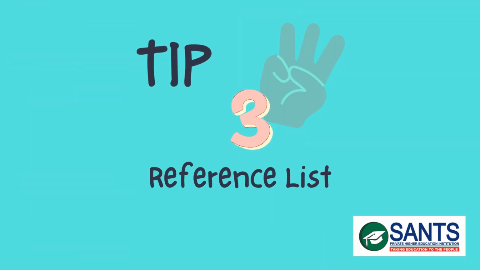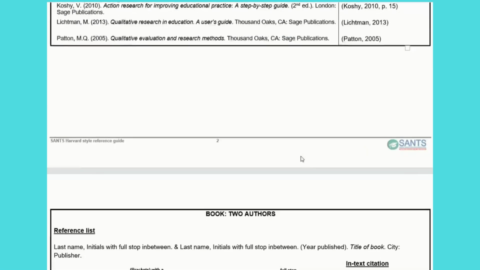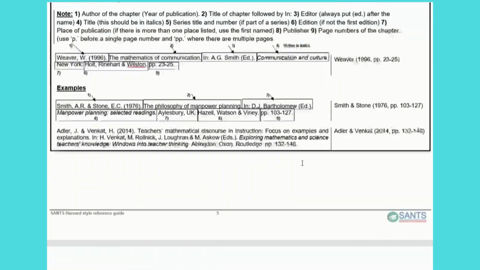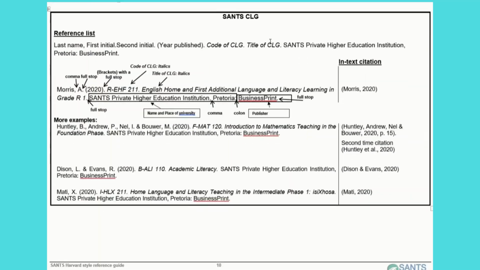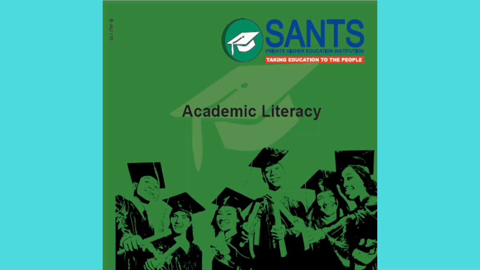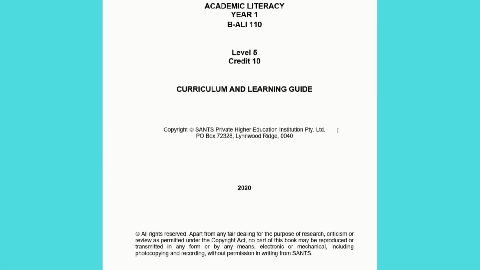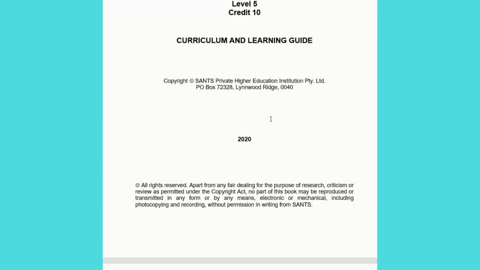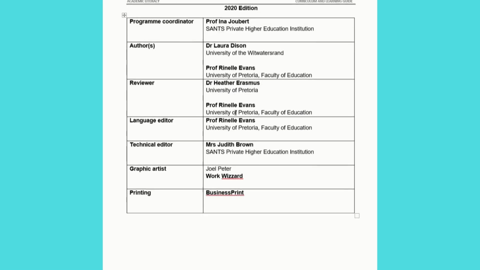Once you have completed the in-text referencing, it is important to include a reference list. Tip 3. Reference list. Sans has provided you with a reference guide to reference any source you have used. The reference list comes at the end of your document. Entries in the reference list are arranged alphabetically by the author's surname. In this example, the student has used the Sans CLG. Go to the CLG in the front, get the name of the CLG, the code of the CLG, the name of the institution, year of publication, authors, as well as the printing company.